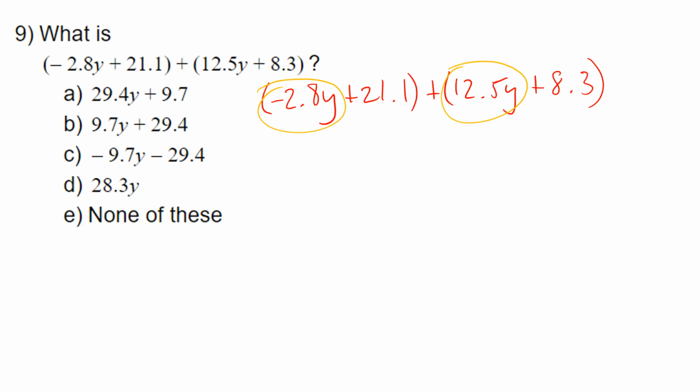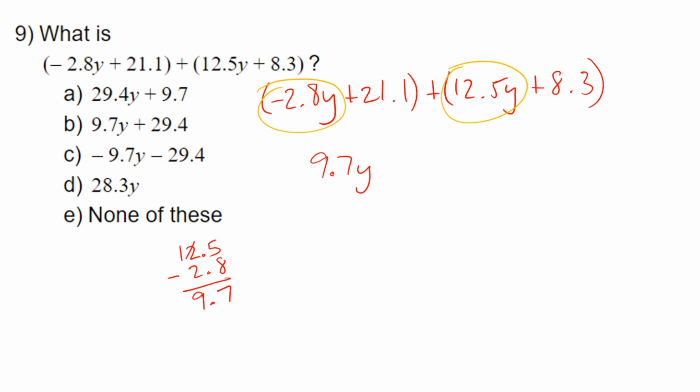They are different signs, so I have to subtract them. I got 12.5 minus 2.8. 15 minus 8 is 7. And this will be 11 minus 2, which is 9. So it looks like I got 9.7y right there.